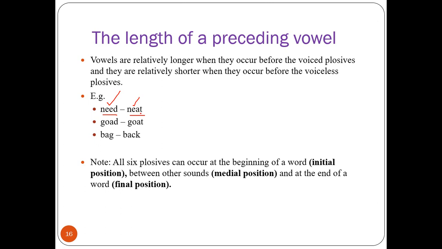And look at the second example. In the second word, this vowel occurs before a voiceless sound, so this voiceless sound makes the preceding vowel shorter. That's why we do not say "neeat", but rather "neat". You see here that the vowel is shorter. Same is the case here: "goad", and this one "goat". Here we have got diphthongs.